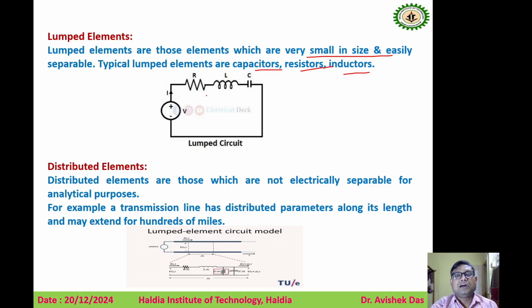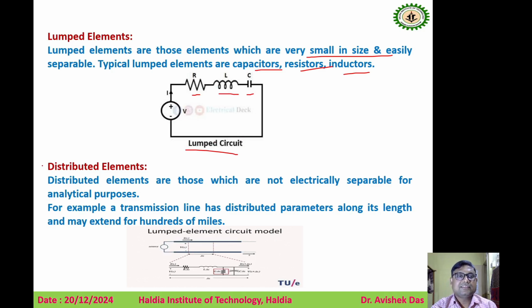When we fabricate a circuit in the laboratory on a breadboard, we connect the resistance, the inductor and the capacitor, and we can easily separate them from the breadboard. So resistor, inductor and capacitor are all examples of lumped elements, as we can easily separate them from the circuit.